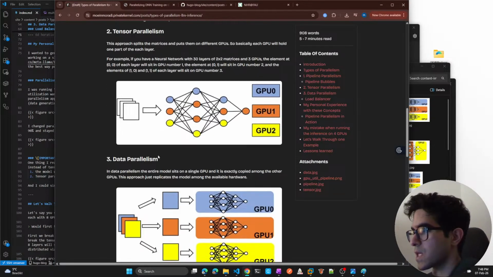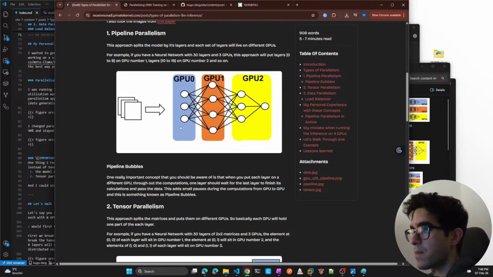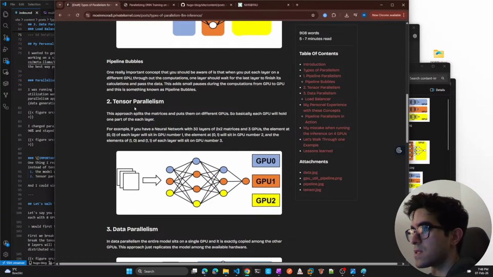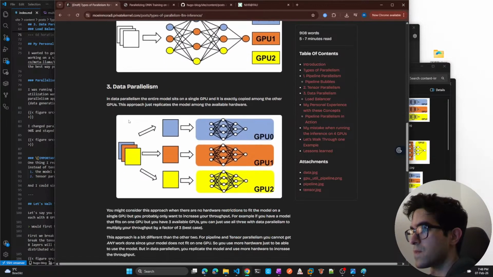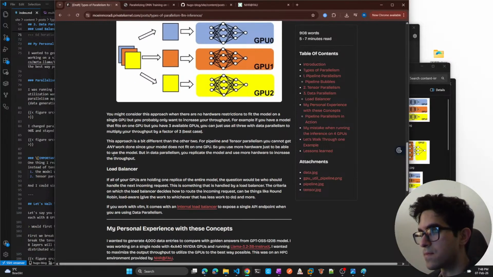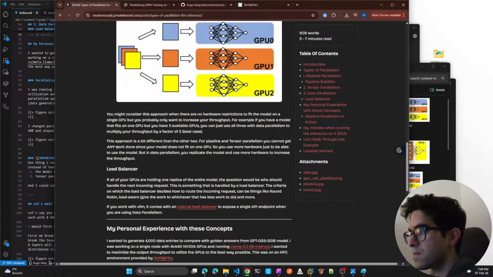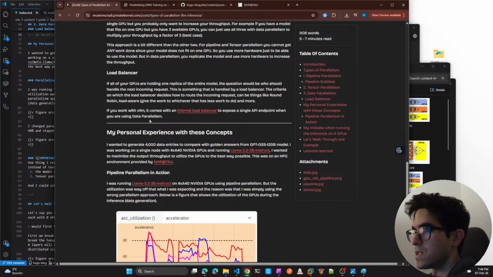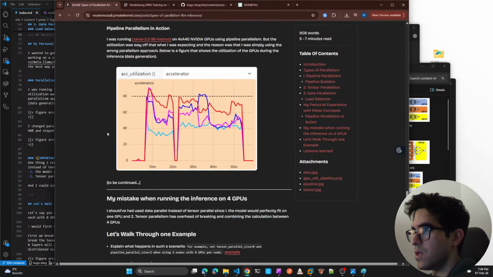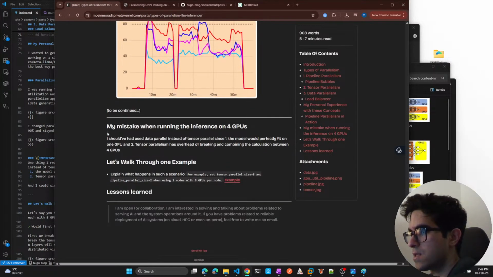Okay. So pipeline parallel, tensor parallelism, data parallelism, and looking good.